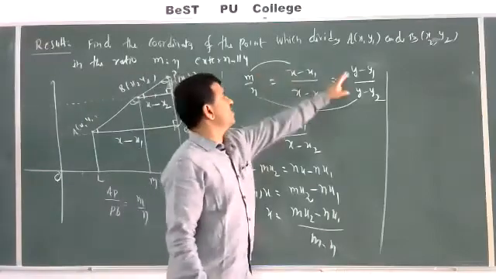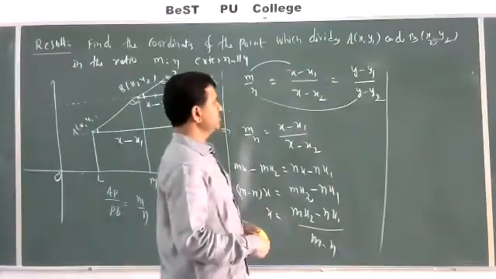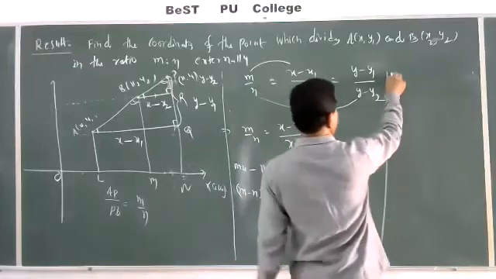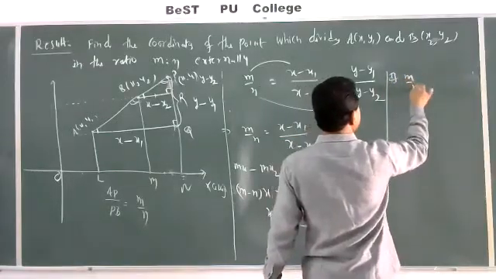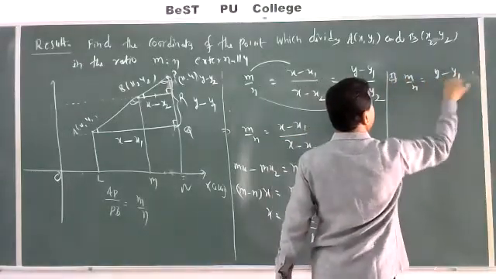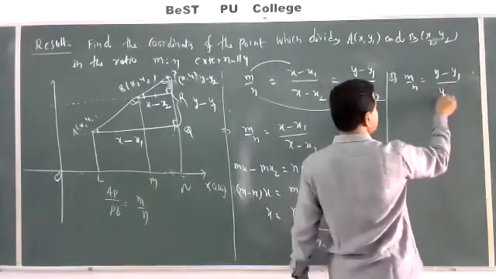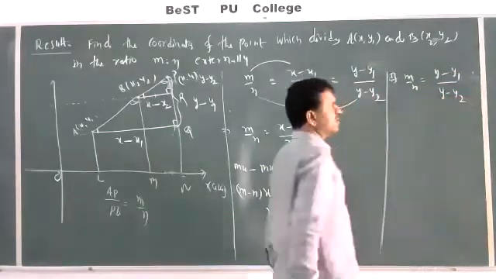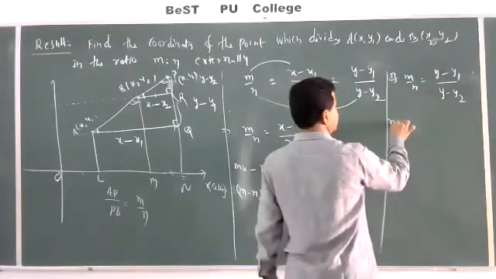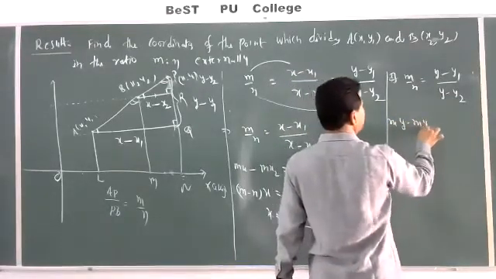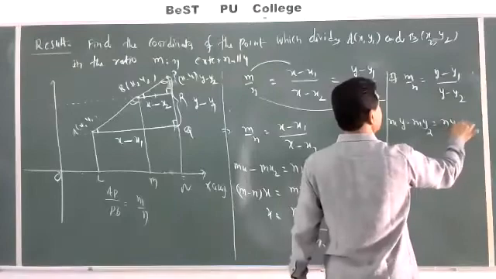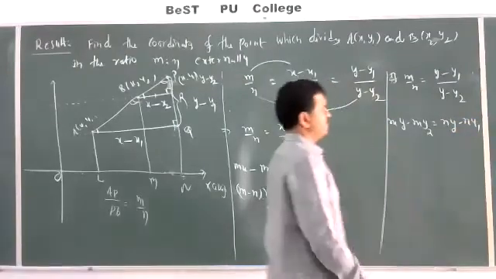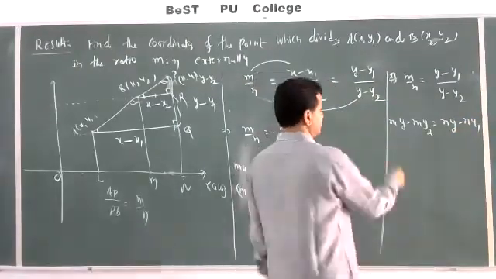Next, equating first and last. If m by n is equal to y minus y1 by y minus y2, do the cross multiplication. So my minus my2 is equal to ny minus ny1. Shifting ny to left.